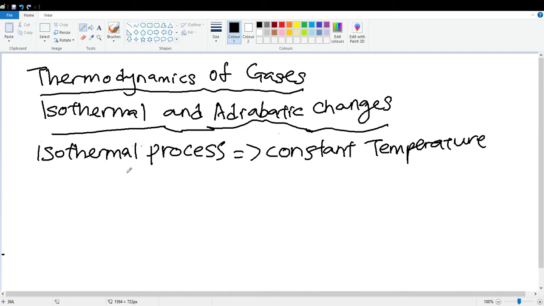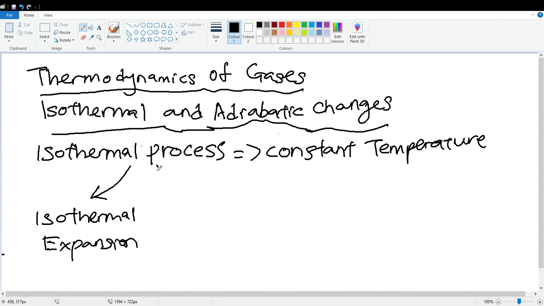This isothermal process consists of two types of process: isothermal expansion, and another process, isothermal compression.